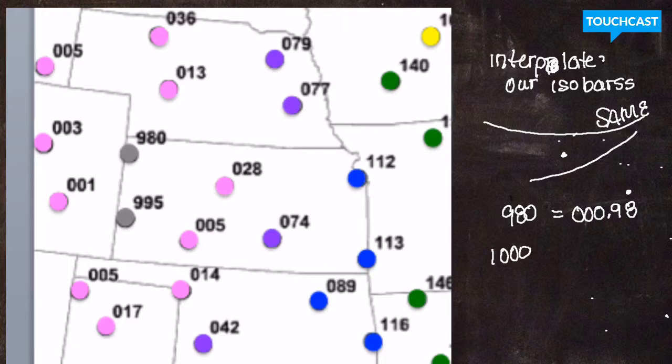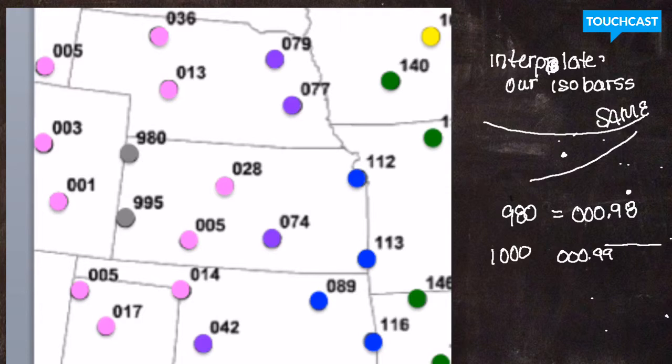So it's not quite yet a millibar. So then we want to make an isoline of 0.999999999.